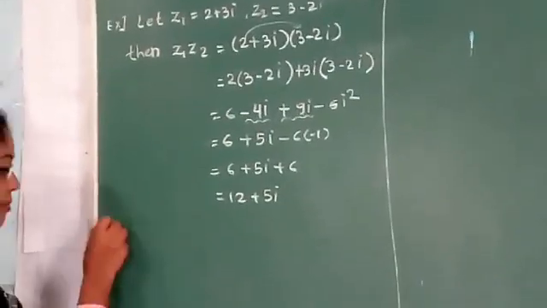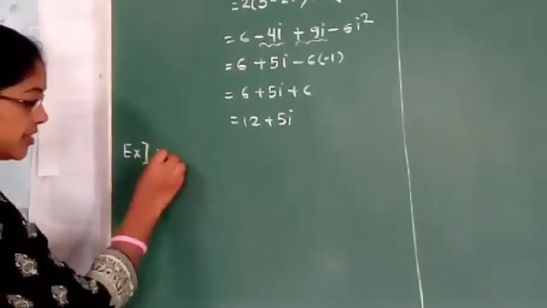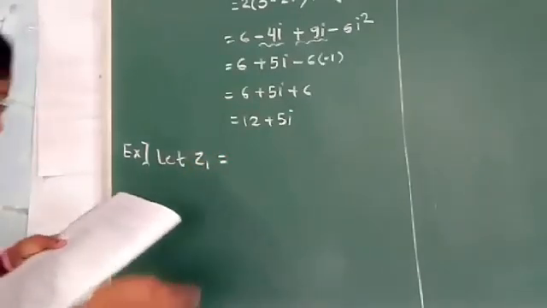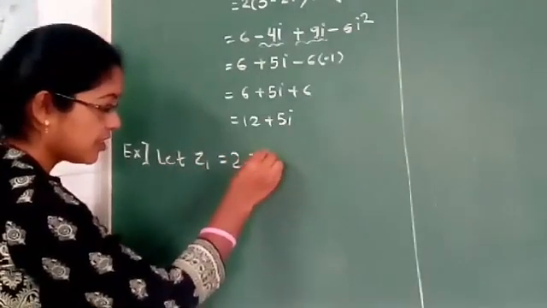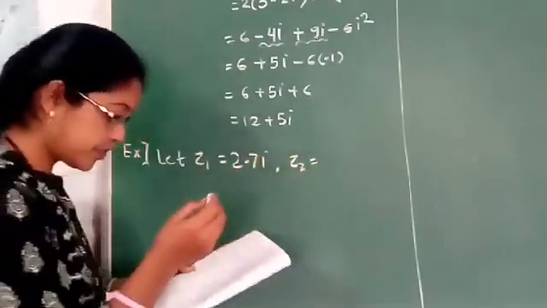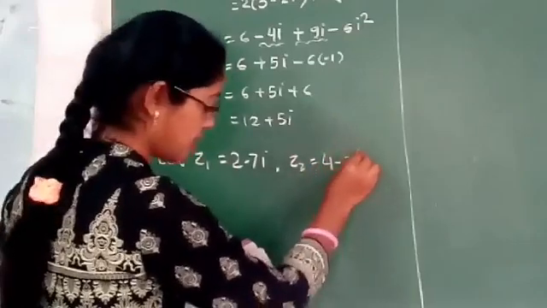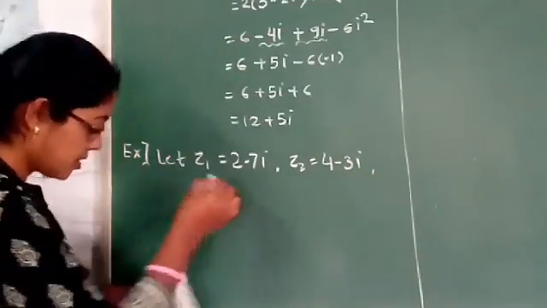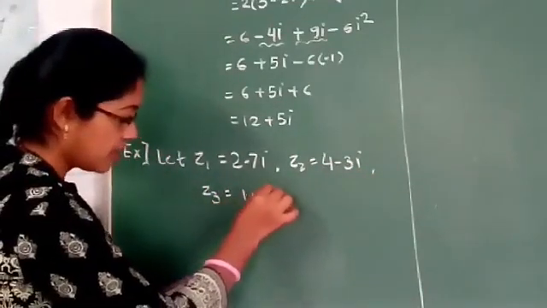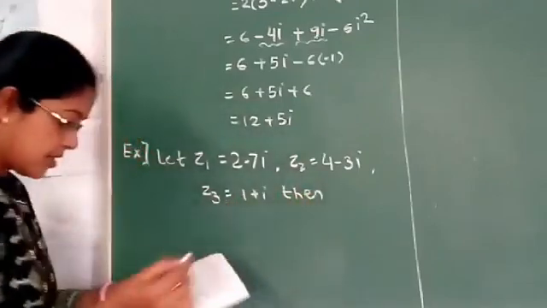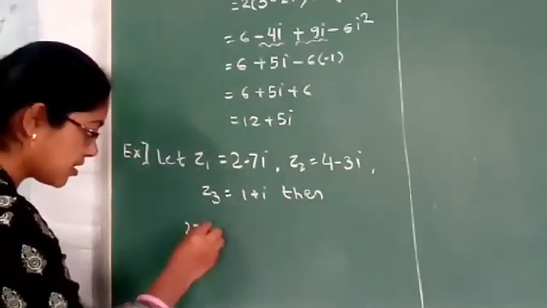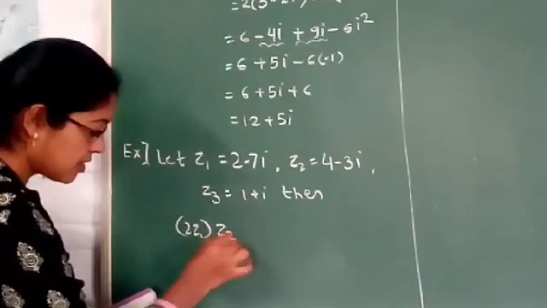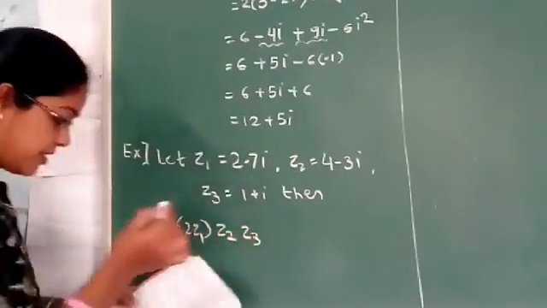Now we will take a second example. Let z1 is equal to 2 minus 7i, z2 is equal to 4 minus 3i, z3 is equal to 1 plus i. Then we have to find 2 z1 into z2 into z3.